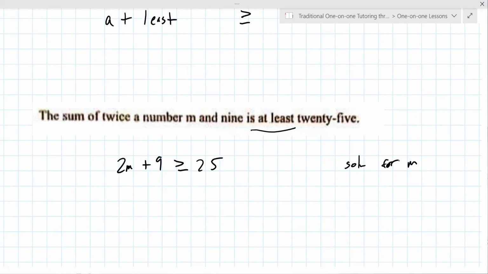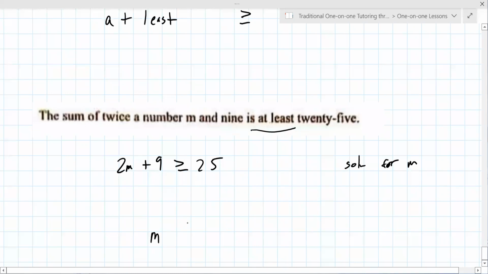Yes, and you're going to subtract 9 to undo that, and then divide by 2 on both sides. Okay, give me your final answer. M is greater than or equal to 8.